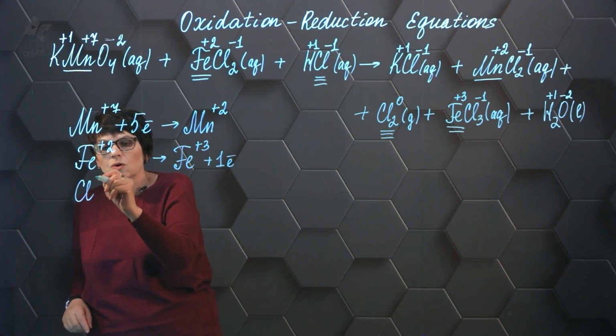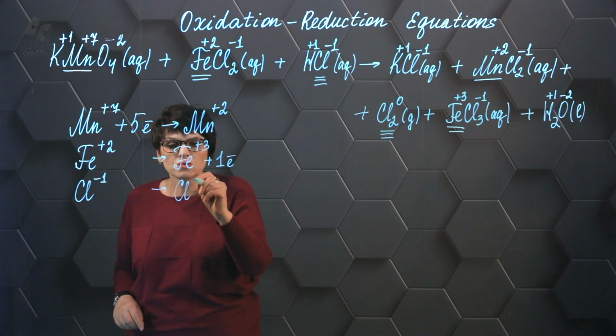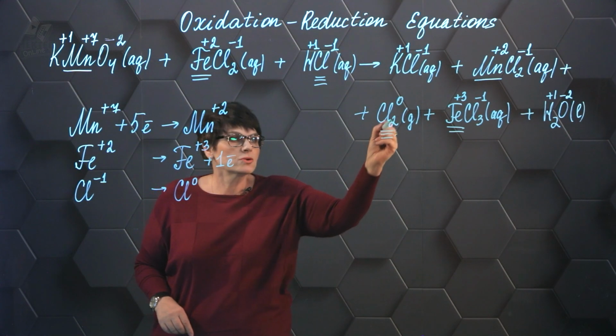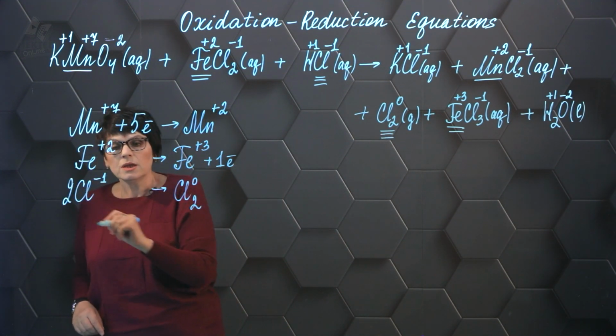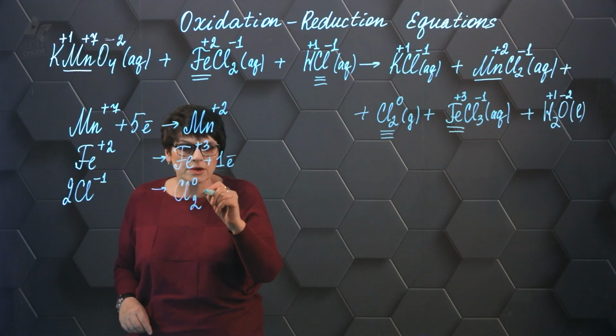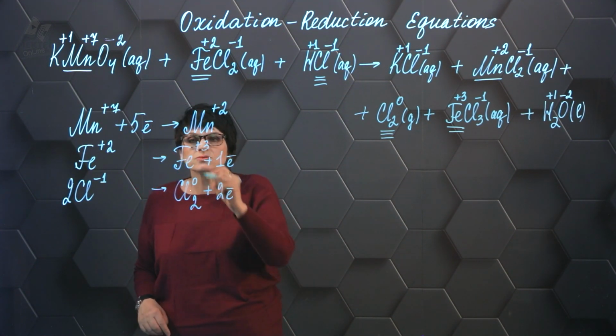Chlorine from -1 converts to chlorine 0. But the chlorine molecule has an index of 2. Let's take that into account. And chlorine will give up 2 electrons. That makes 3 changers.